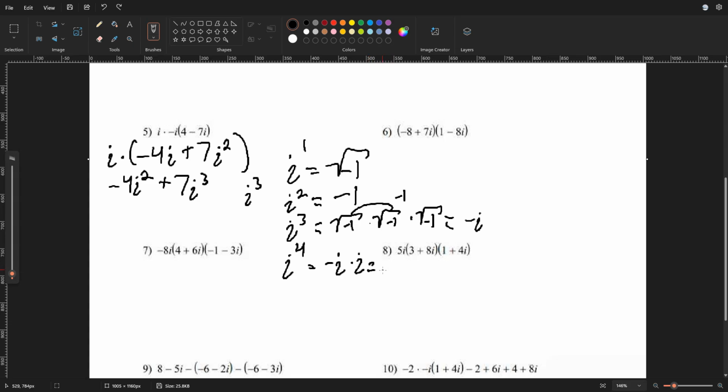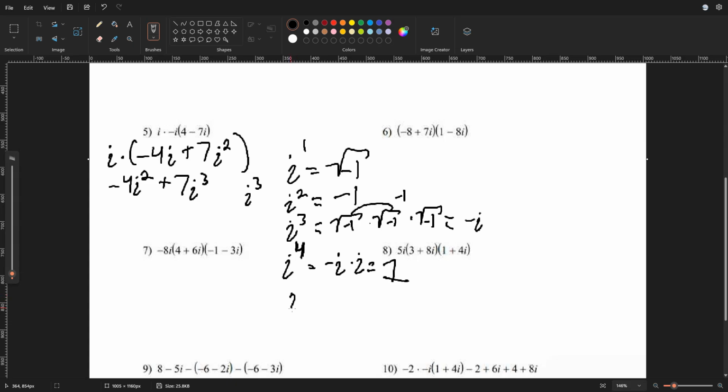And why is it giving us positive 1 instead of negative 1? Well, if we take a look, we have our negative 1. It evaluates to negative 1 when it's squared, and then it becomes negative 1 times square root of negative 1, and then it just becomes negative i. And then when we go back, it goes to positive 1.